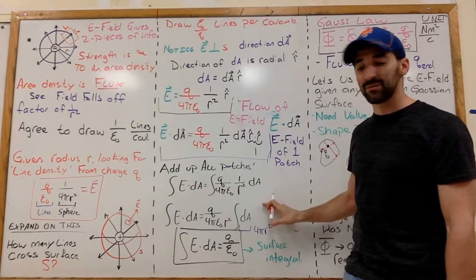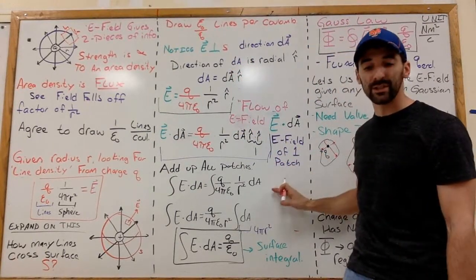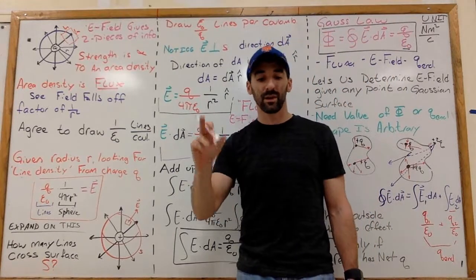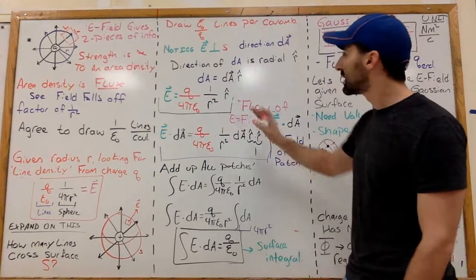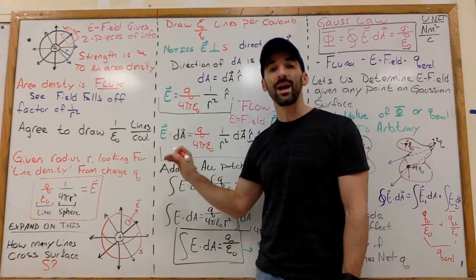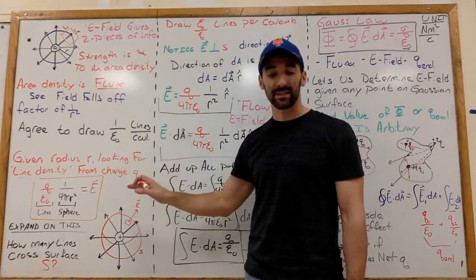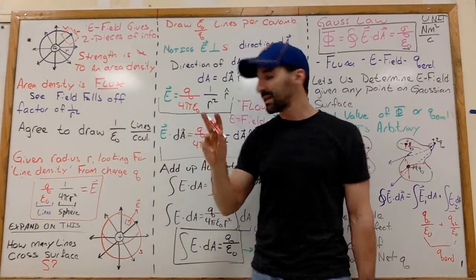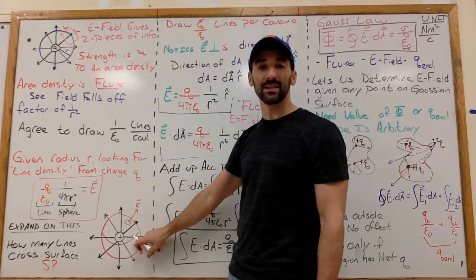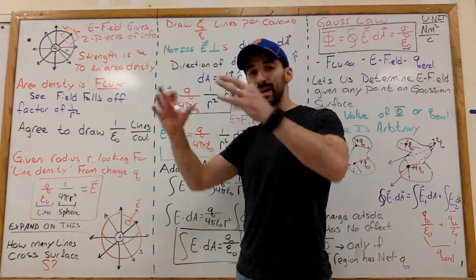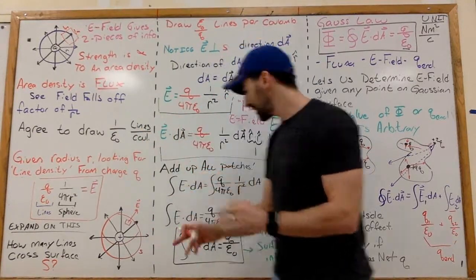What does that do for us? That is proving to us a few things. First of all, that proves that the electric field is directly proportional to the number of lines that are cutting through that surface. Secondly, we defined this as a shell, a sphere, some type of easy shape.